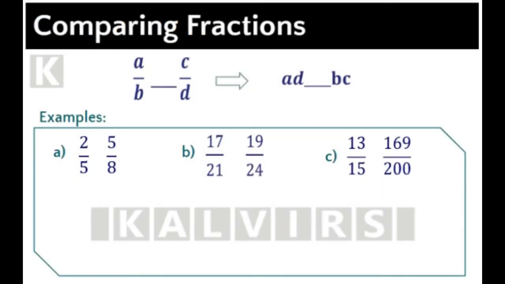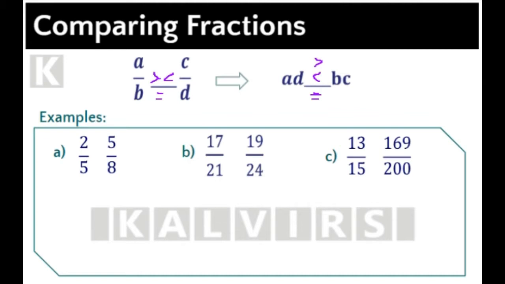If we want to compare two fractions, in this case a/b and c/d, we should do a cross multiplication. If we want to know which of these fractions, a over b, is greater, less, or equal to c over d, we should compare a times d and b times c.